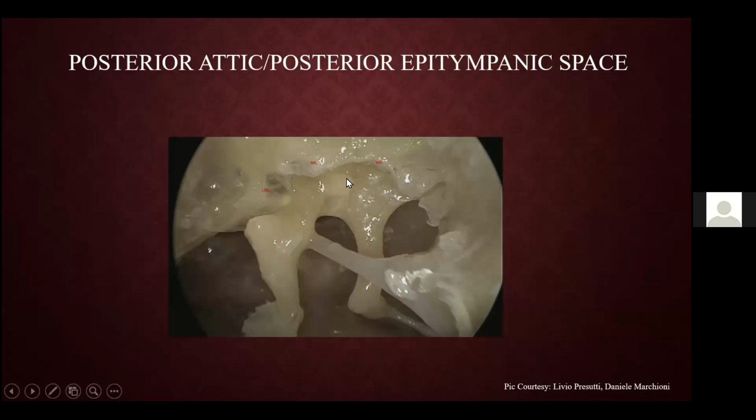So these two folds form the lateral posterior attic spaces, and the space present medial to this will be the medial attic space. And this space will be further divided into superior and inferior by this. So the part above this will be the lateral part of the posterior attic, the superior one, and the part below this will be the lateral part of the posterior attic, the inferior one.